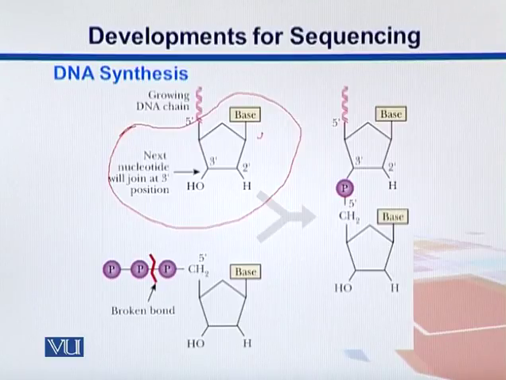Position number 2 is where it is deoxygenated, and that's why we call it deoxyribonucleic acid, because in the nucleotides position number 2 is deoxygenated. Position number 3 is critical, where the incoming nucleotide attaches itself. Position number 4 is right here, and this is carbon number 5, with which it has been attached to the previous nucleotide.